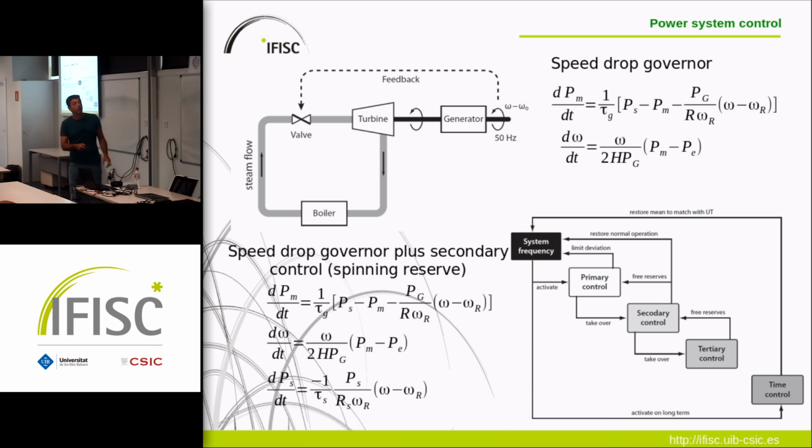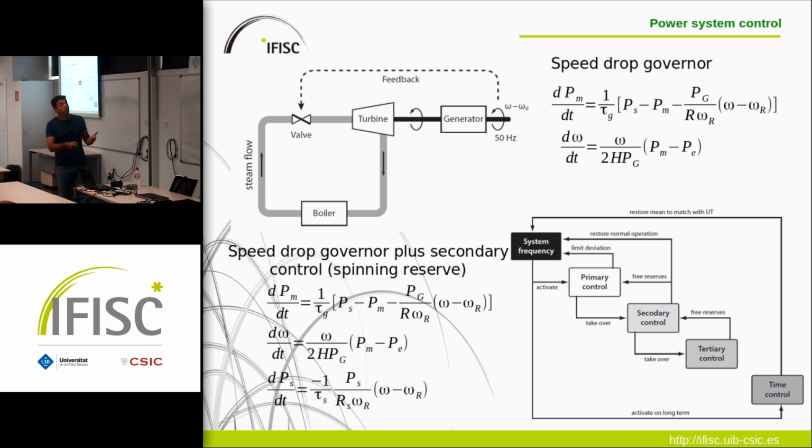And this is called primary control. Essentially, it's like a damping. If the frequency deviates very fast, it goes against the deviation from the reference frequency. And then, since you want to be back at 50 hertz, we also have the secondary control, which is the second equation here.